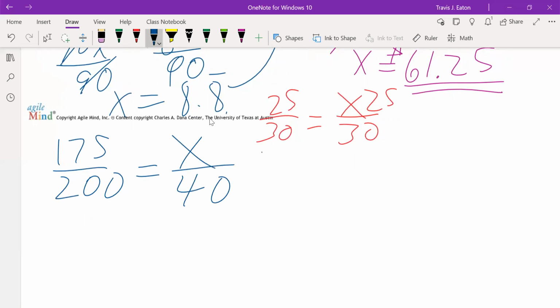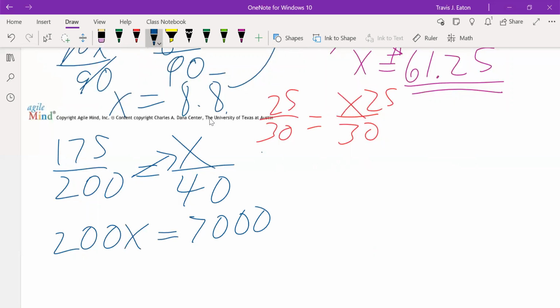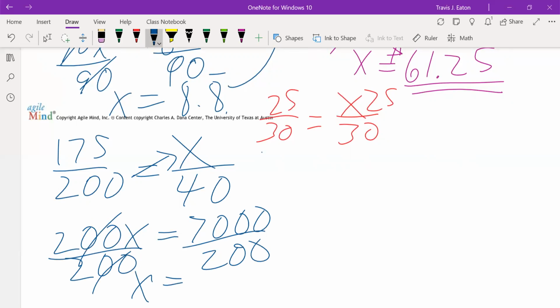So cross multiply: 200x equals 175 times 40. 175 times 40 is 7,000. Divide by 200, and those cancel out, and we get x equals 7,000 divided by 200, which is 35.